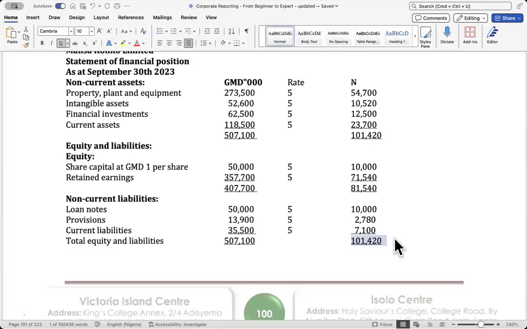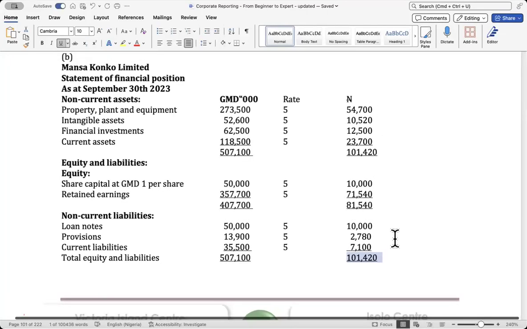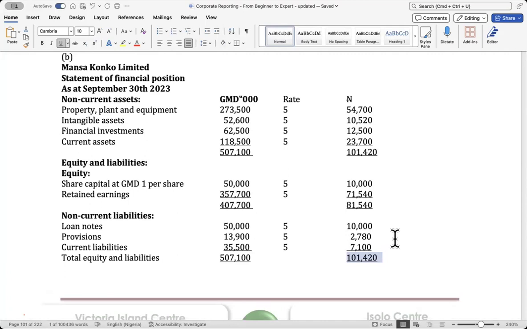So this is the part where Mr. Kazim is going to take more of his time to teach you. As far as Mansa Konko is concerned, it's a foreign operation. He will teach you all of this, because with these retained earnings, when he's teaching you, he will be talking about which one is pre-acquisition.